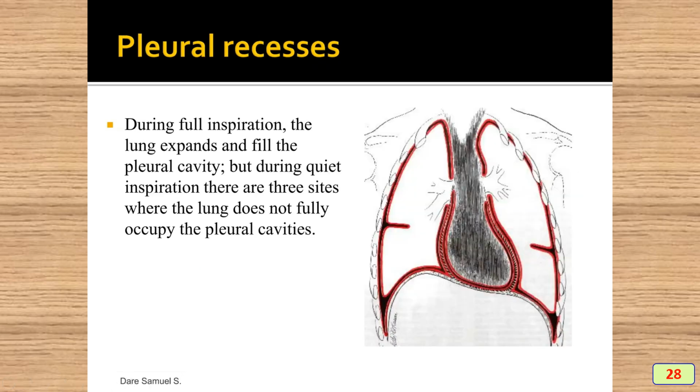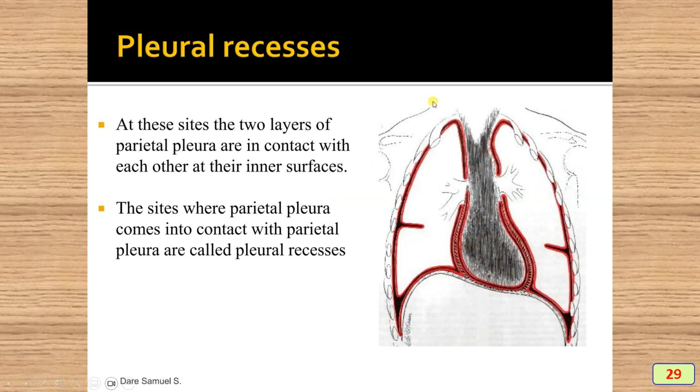During full inspiration, the lung expands until it fills the pleural cavity. But during quiet inspiration, there are three sites where the lung does not fully occupy the pleural cavity.